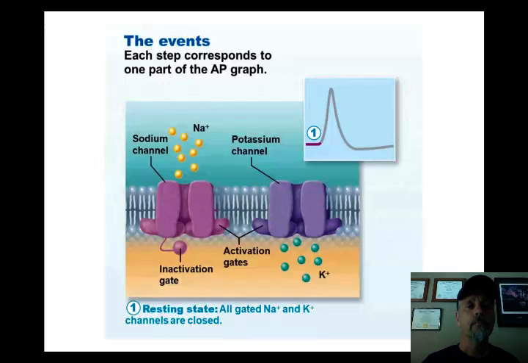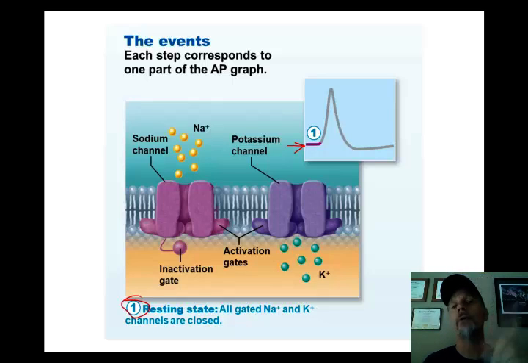Okay, so remember, if we're starting at the resting state, that's what we see down at the bottom here, number 1. The resting state is where we're on the flat, right, like that. And so what we have there is leak channels that are open, and sodium-potassium exchangers that are doing their work. But these other channels that are going to be involved in action potentials, the gated channels, are just sitting there.